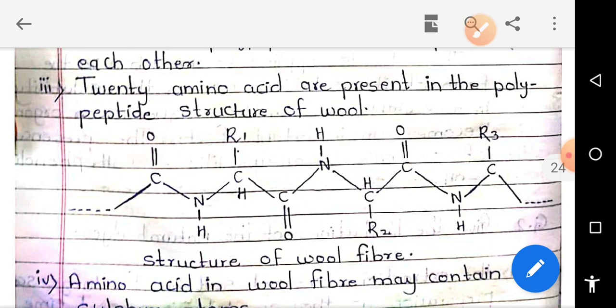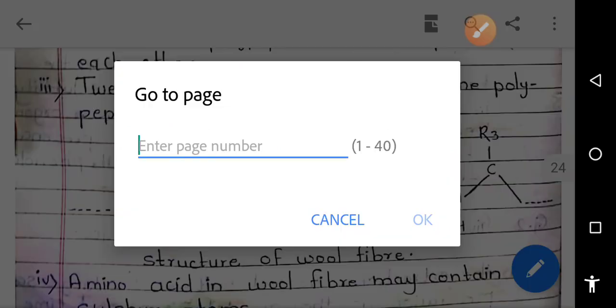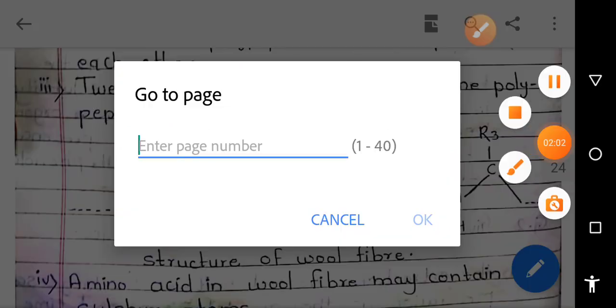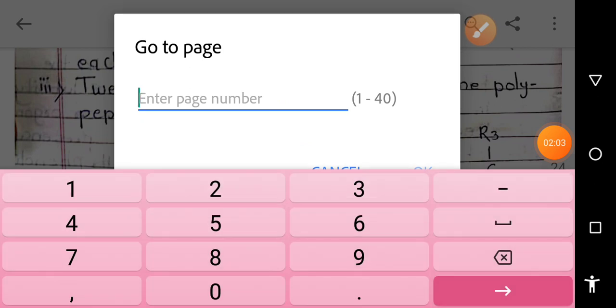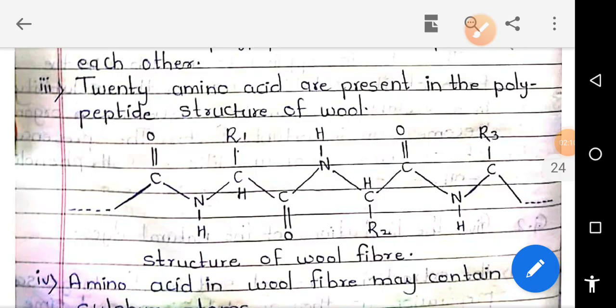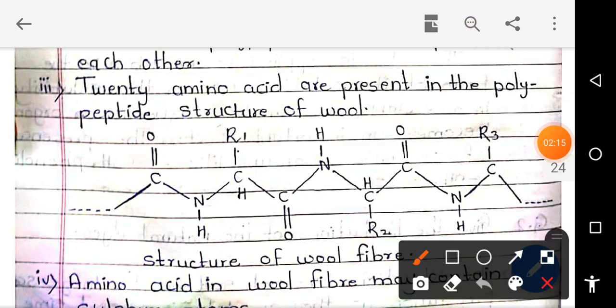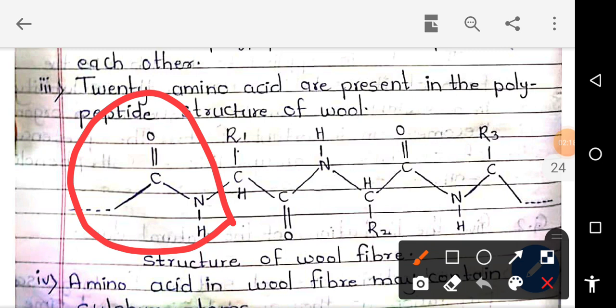These amino acid groups are attached, having structures like this. This is one of the structures of the amino acids.